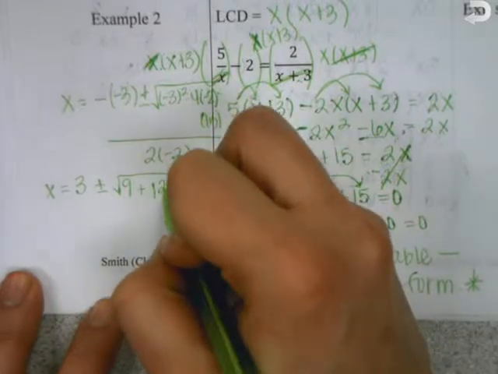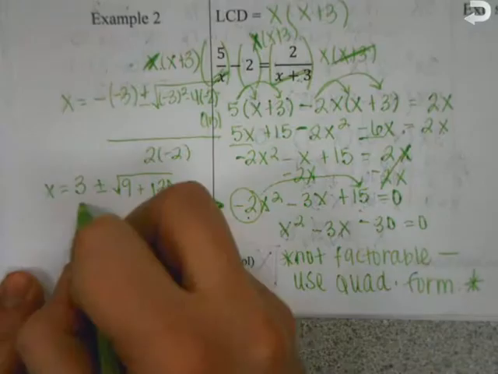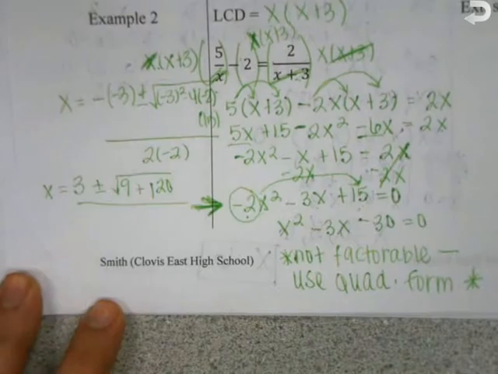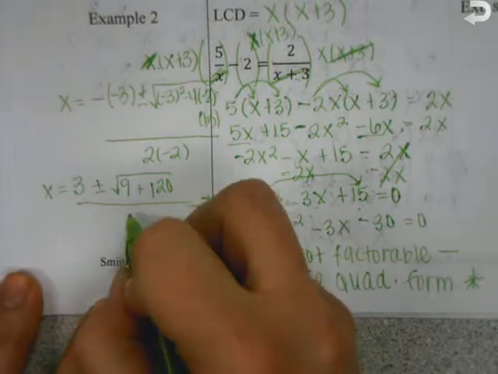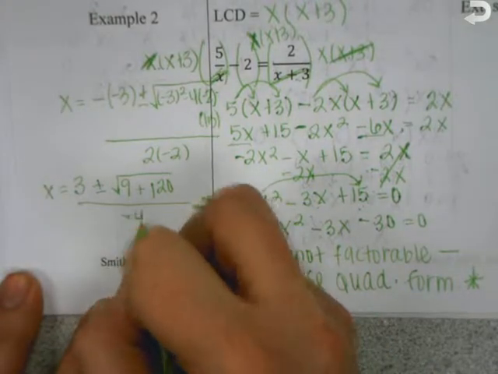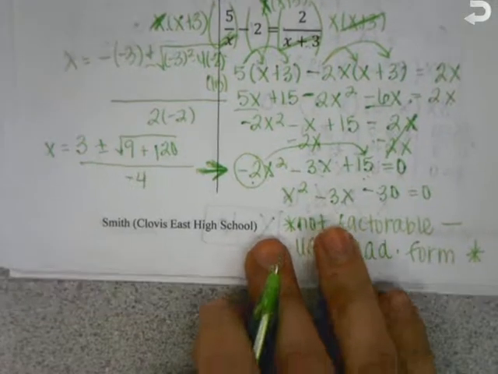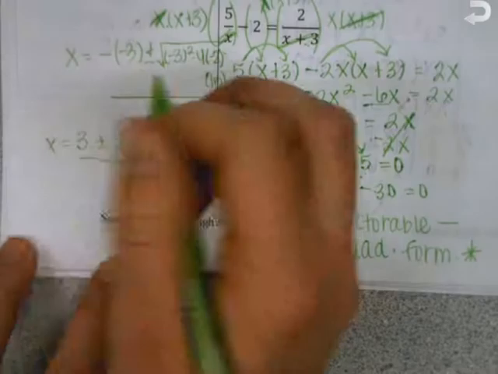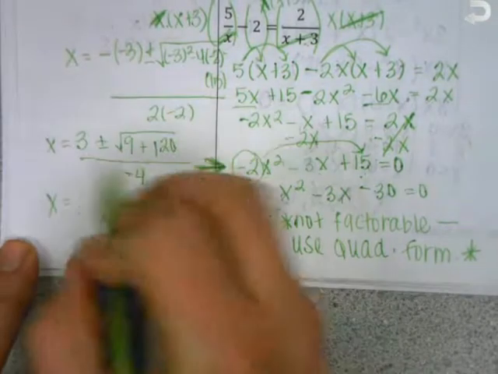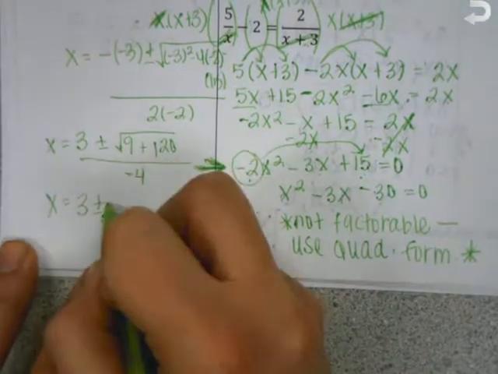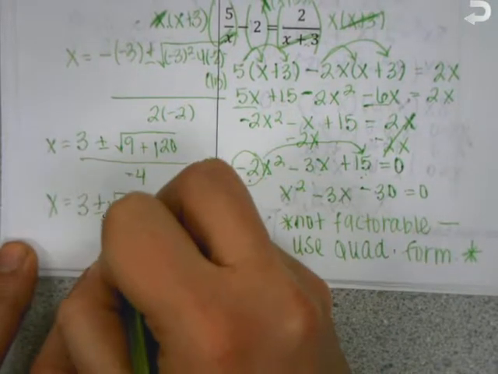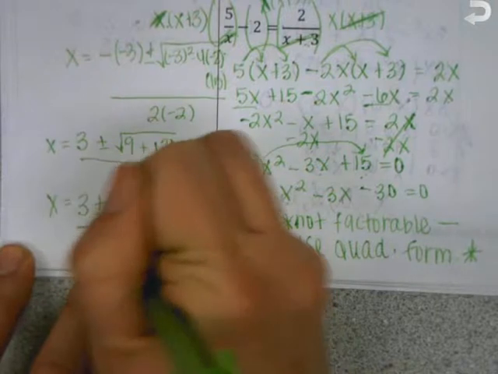All over negative 4. So x equals 3 plus or minus square root of 129 over negative 4. That's your answer. You can't reduce it anymore.